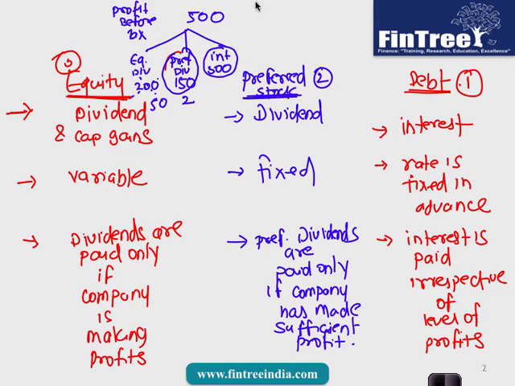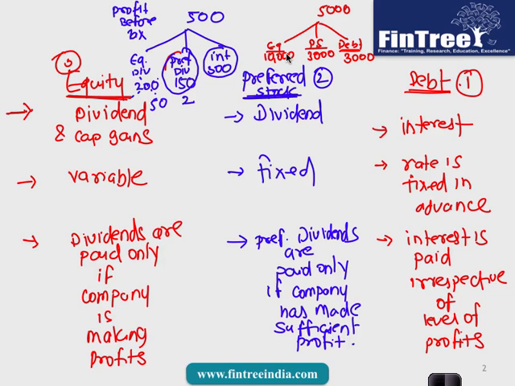Same fashion, let us say that company is liquidating. What does it mean? They're shutting down the business, they're selling off all the assets. After selling off all the assets, the company has received cash of, let us say, 5,000. Now, out of this 5,000, the investment of debt, that means debt are claiming, let us say, 3,000. Preferred stock are claiming 3,000, and equity are claiming 10,000.